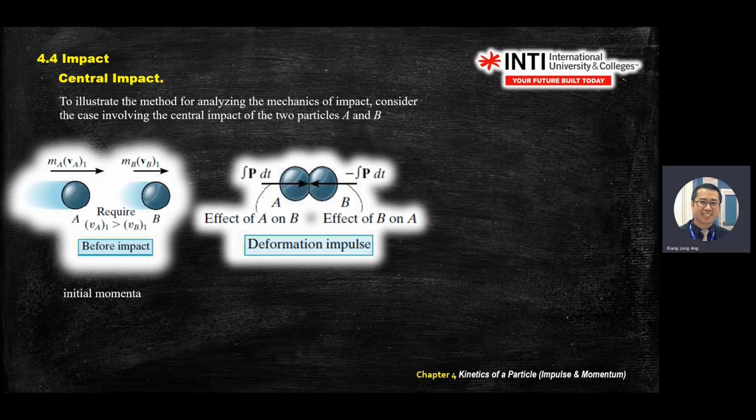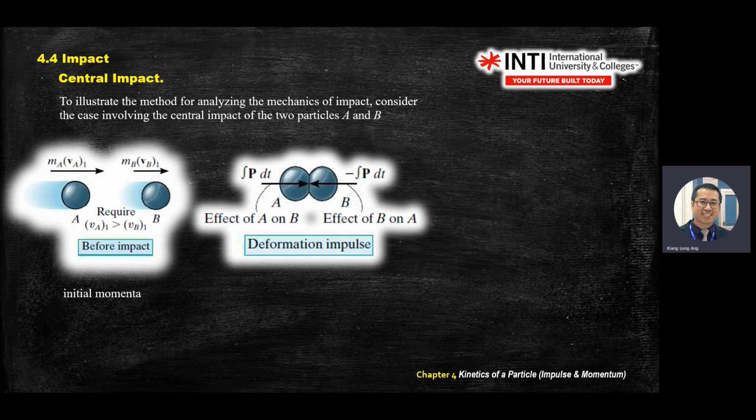And from this diagram, positive direction in my class, I always follow the higher velocity. For example, A is faster than B, moving to the right. So my positive direction is to the right.